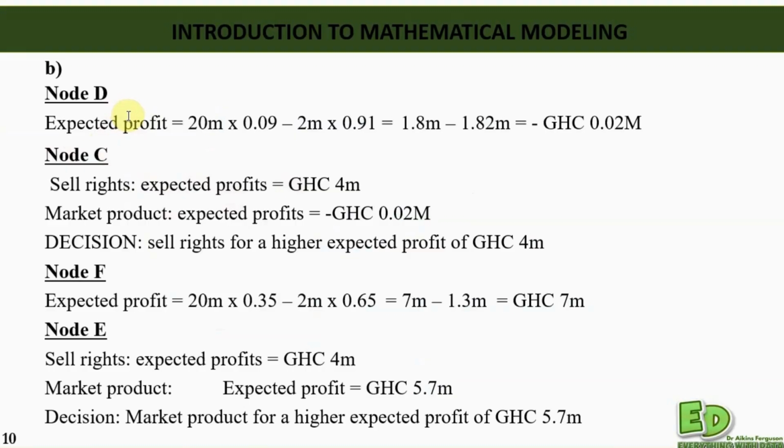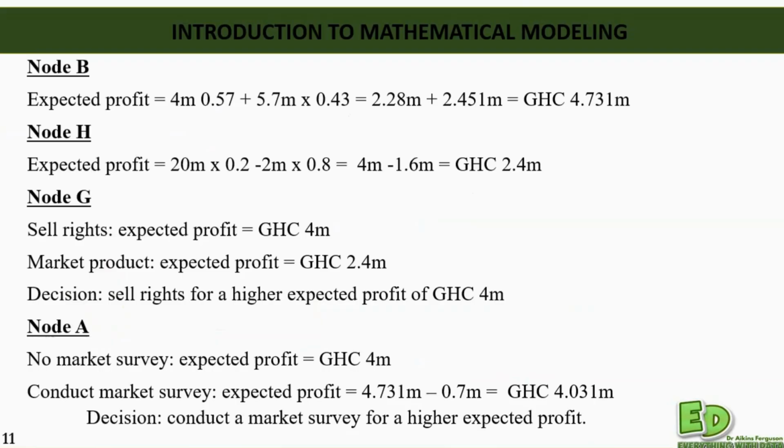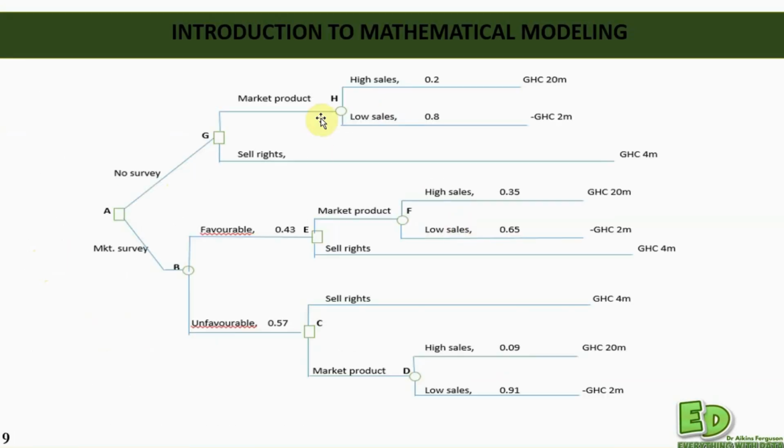Let's pick the final node here, say node H. If it has to do with a circle node, you would have a probability and a monetary value.